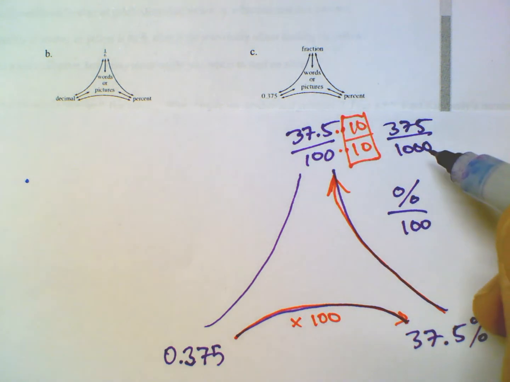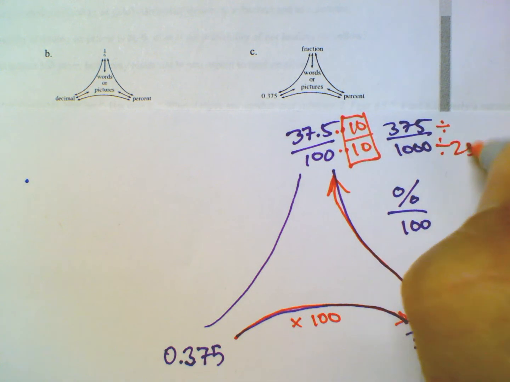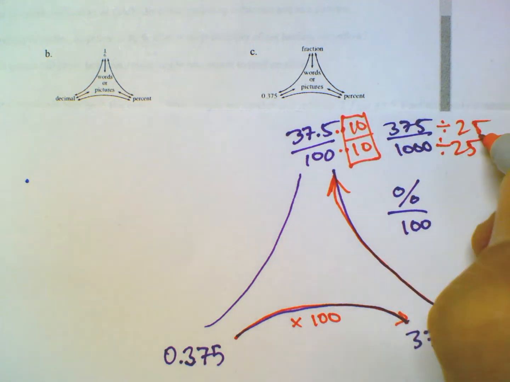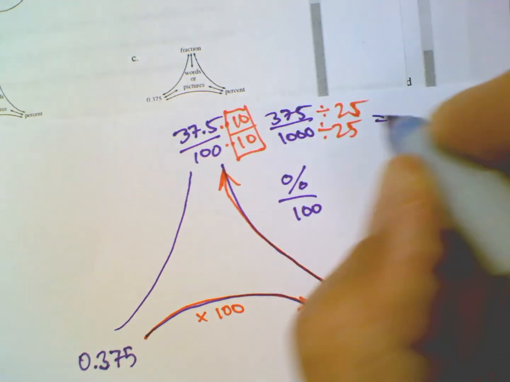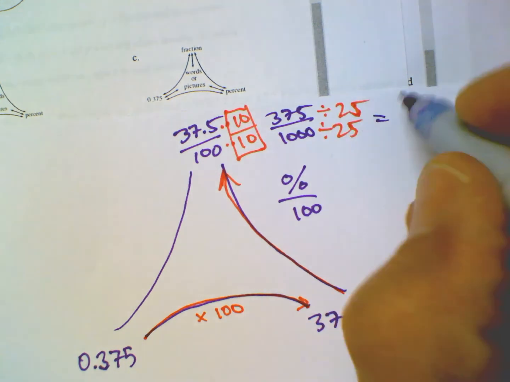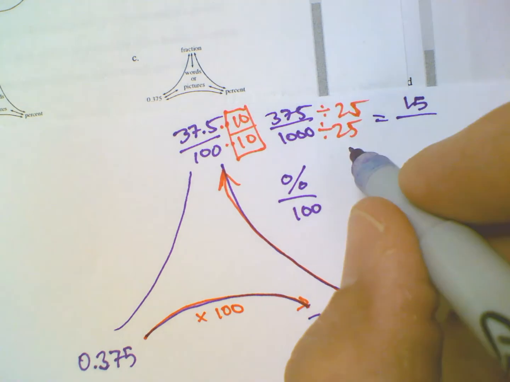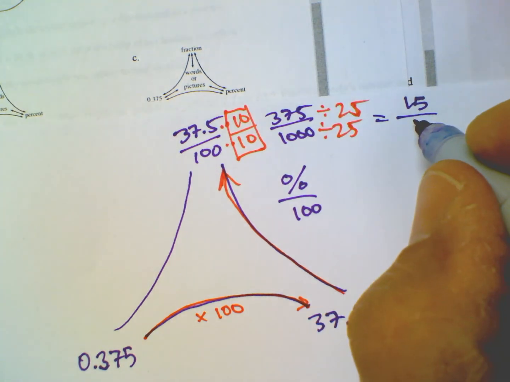But the other thing I notice is, oh, look, I can actually simplify this. So to simplify it, I'm going to divide by 25, top and bottom. Let's see, what do I get when I divide 375 by 25? I get 15 over, and then 25 goes into 1,000 40 times.